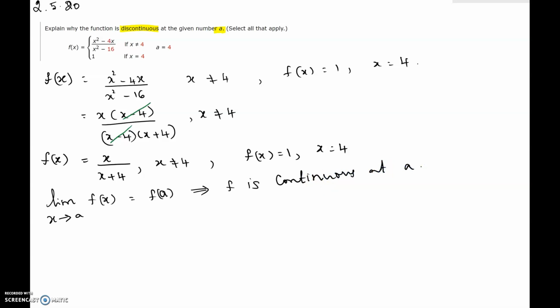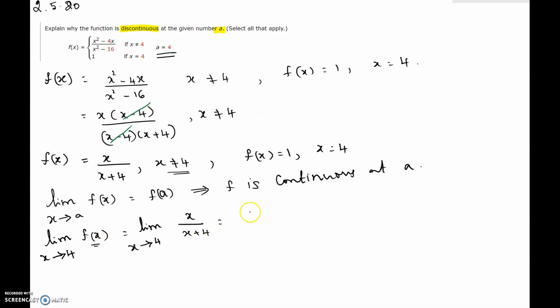So now let's consider the left hand side, the limit as x approaches 4, because the problem says a equal to 4. So we have to find out the discontinuity of the function at a equal to 4. So the limit as x approaching 4 of f of x is the limit in the neighborhood of 4, where it is not equal to 4, defined as x over x plus 4.